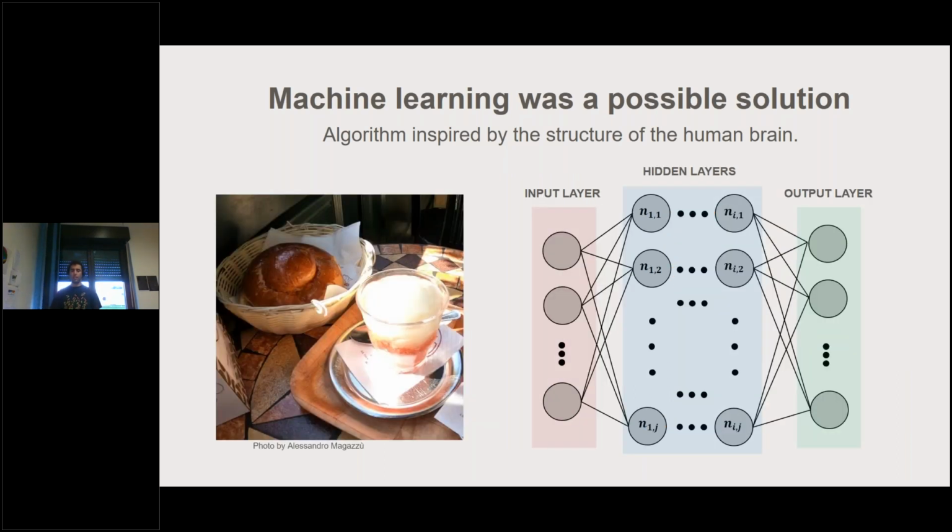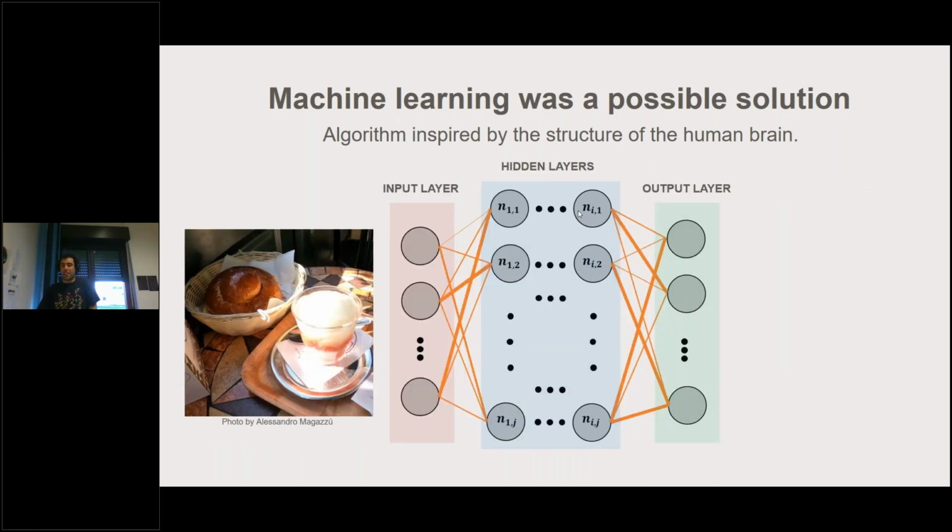So just to give an example, when I first came here to Sicily and I saw granita with brioche, I didn't know if this was good. I didn't know if I should eat it. So my network, as you can see here, it was not trained. I didn't know what to do. So I decided to give it a try. I wanted to check if it was good.